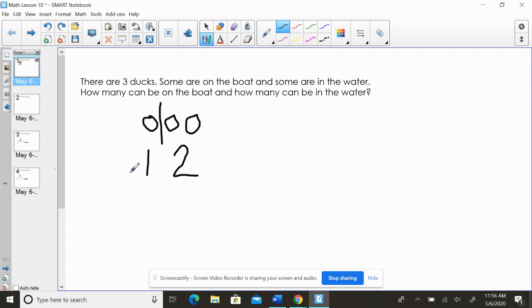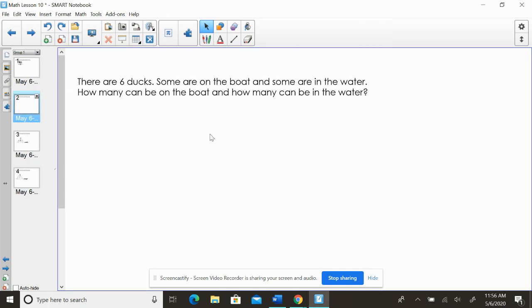So this is just one way that you can show your work. If you draw your line somewhere else, your numbers may look different, but that's okay as long as they total the number 3. Good job, boys and girls.